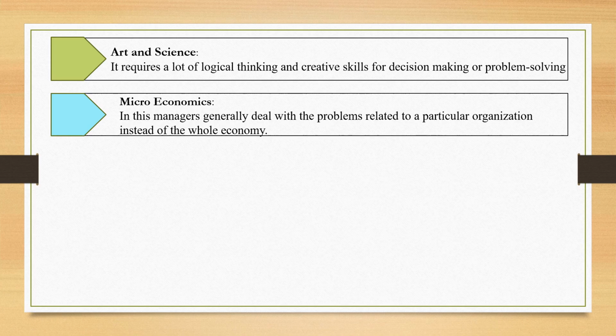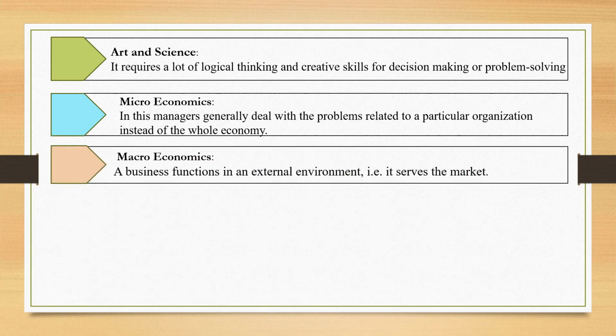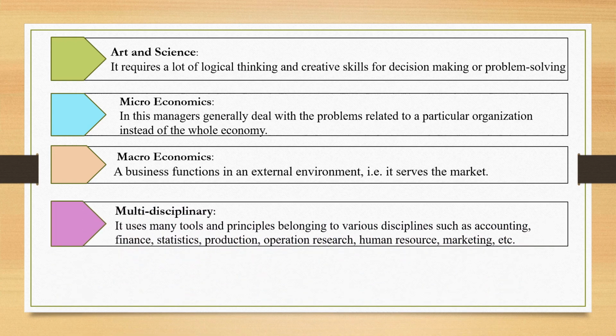Next, microeconomics. In this, managers generally deal with the problems related to a particular organization instead of considering the whole economy. Macroeconomics. A business functions in an external environment, that is, it serves the market, which is a part of the whole economy. Next is multidisciplinary. It uses many tools, as the name suggests.